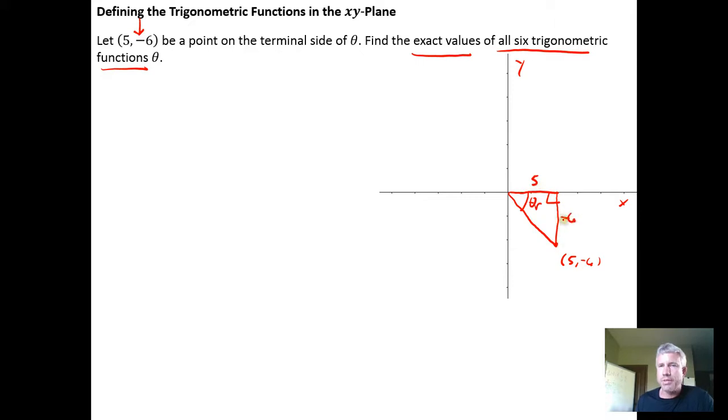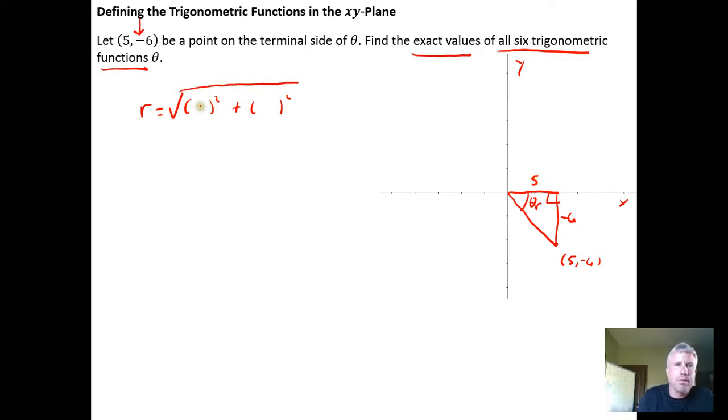It's negative 6. And then we can use the Pythagorean Theorem to come up with this length right here. So we called this length r. And so we know from the Pythagorean Theorem that r is going to equal the square root of the sum of the squares of the legs of the right triangle.